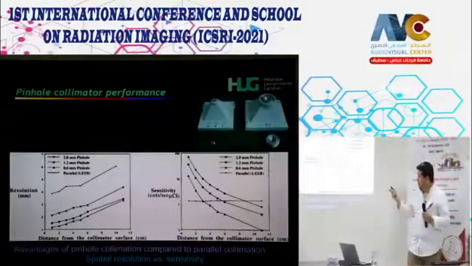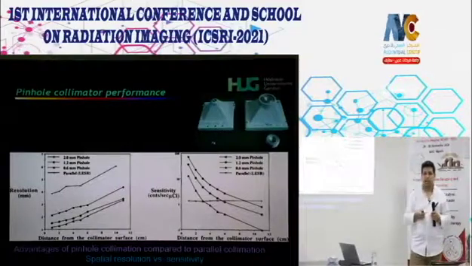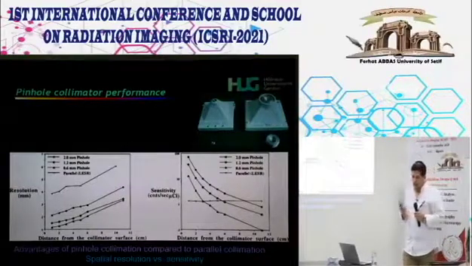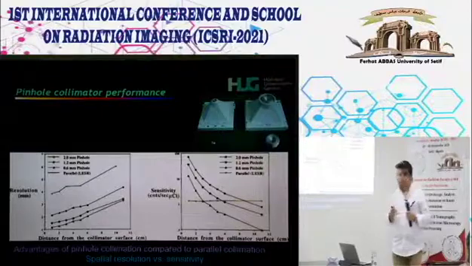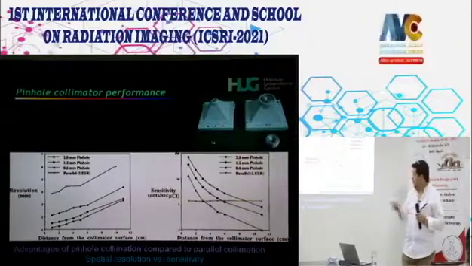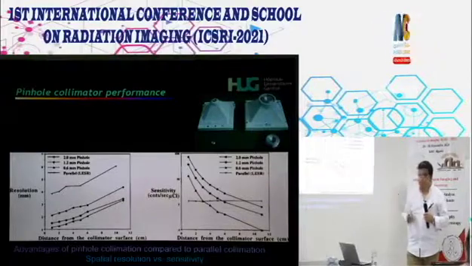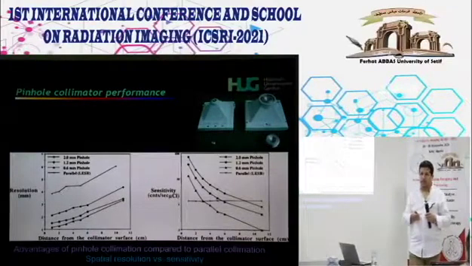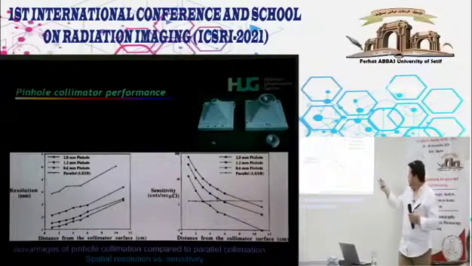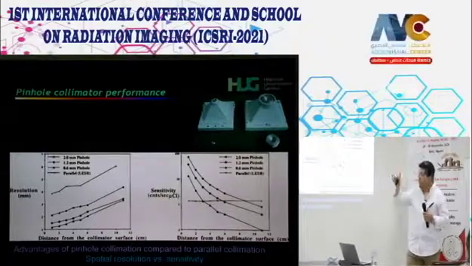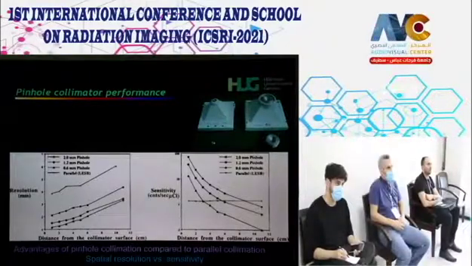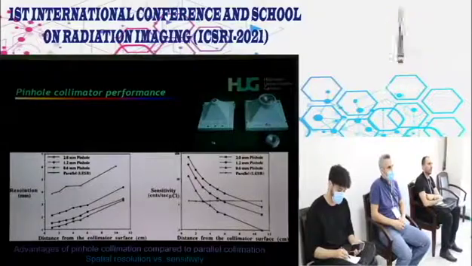I'm going to limit this comparison to the slide that you see here, just to highlight the advantages and drawbacks of those different types of collimators. This is an old slide comparing the spatial resolution and the sensitivity of different types of collimators. The pinhole collimator is what you see here. According to the size of the pinhole, you get different resolutions.